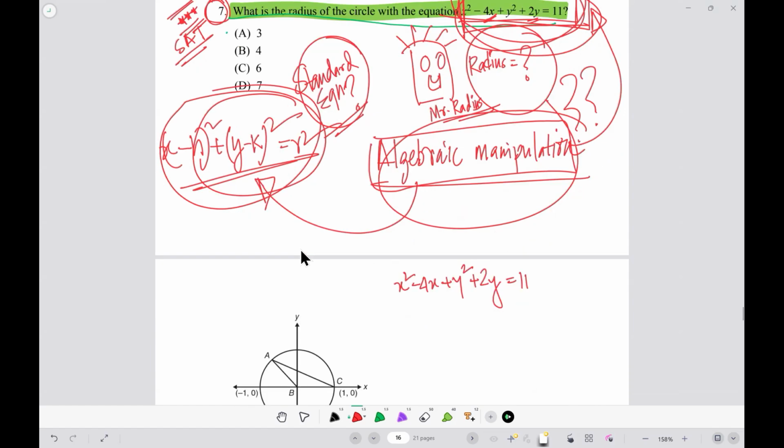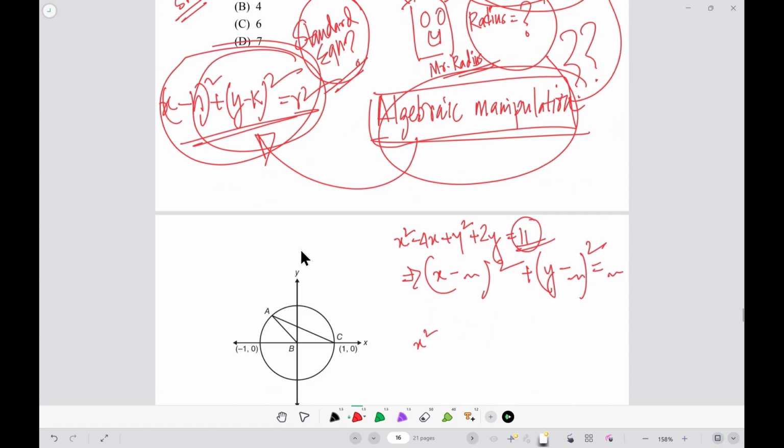So you just need to make it look like x minus something whole squared plus y minus something whole squared equals something, and you just need to balance with the numbers. Do you understand?